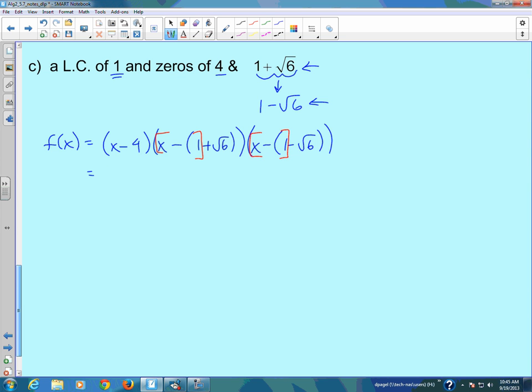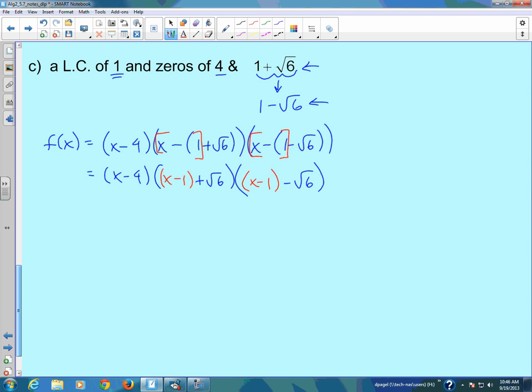So it looks like x minus 4, and then we get this x minus 1 part plus the square root of 6. And then there's that x minus 1 part again, this time minus the square root of 6.